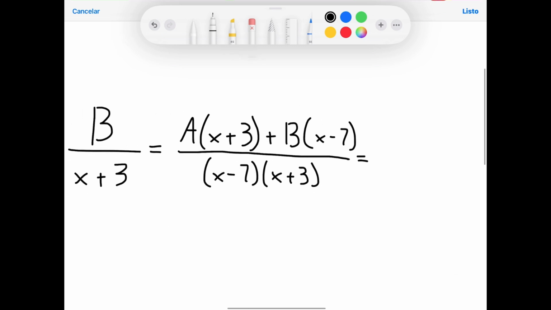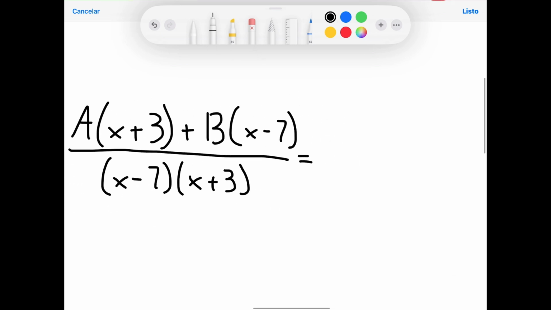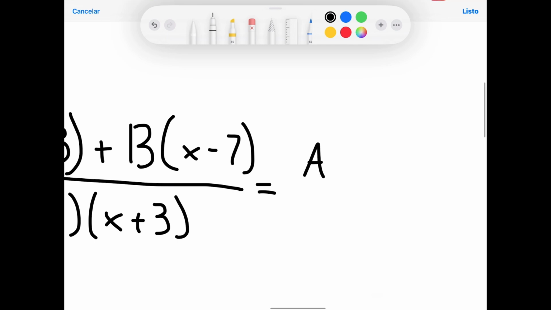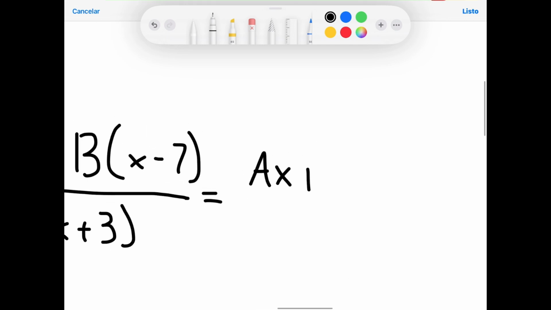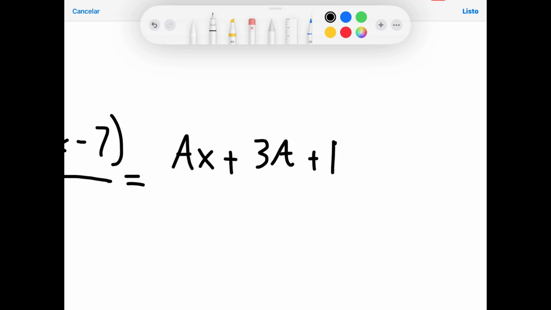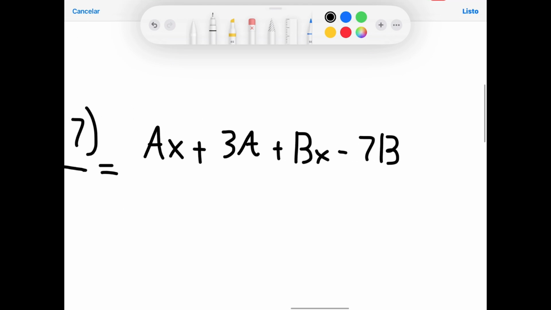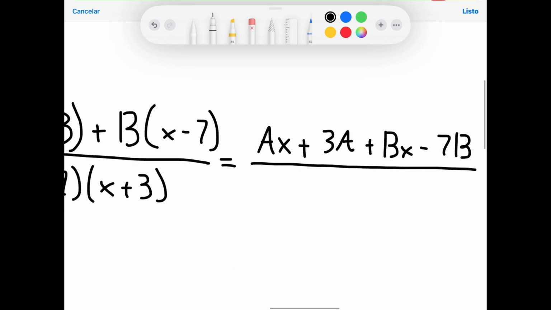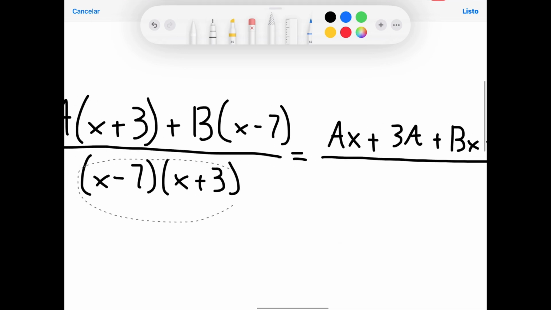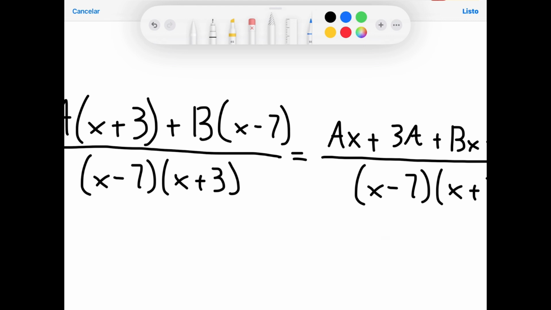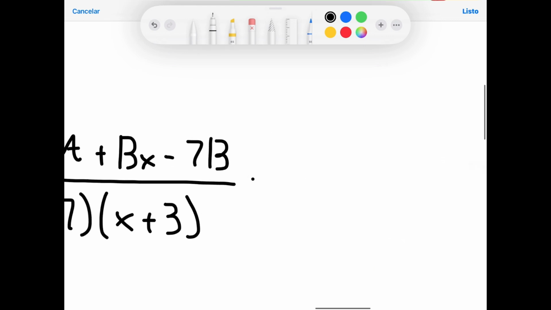Now I simplify the numerator, and it is 5x plus 3a plus bx minus 7b. I leave the denominator the same and I continue.